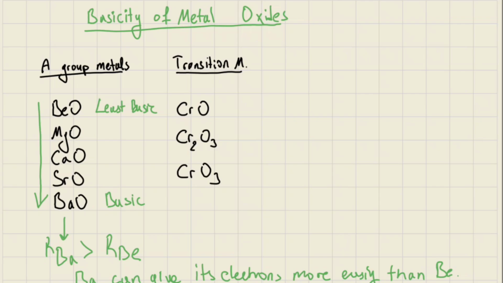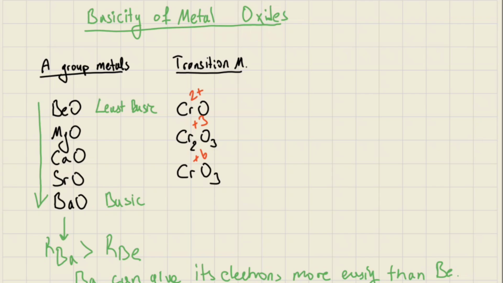For instance, here we have chromium and it is +2 charge. Here it is +3, and here it has +6 charge. And covalent oxides do not easily form hydrogen ion in water, and higher oxidation state causes stronger polarization of the oxide ion.